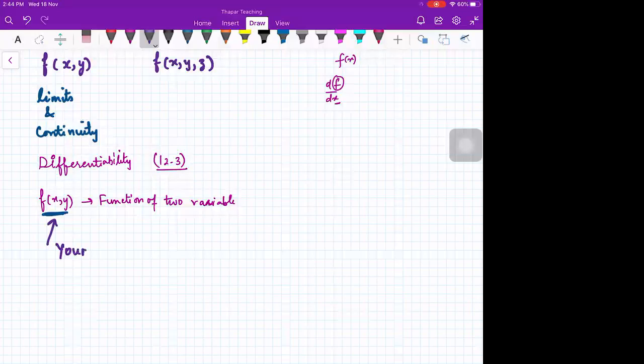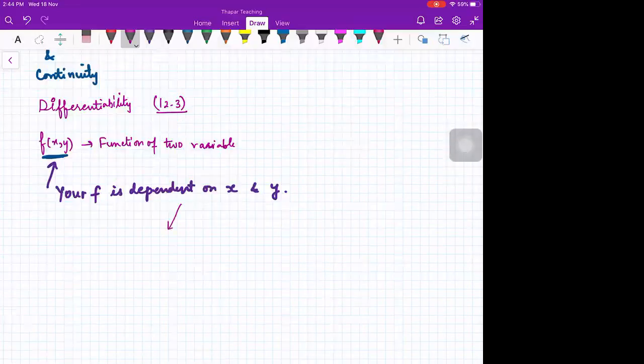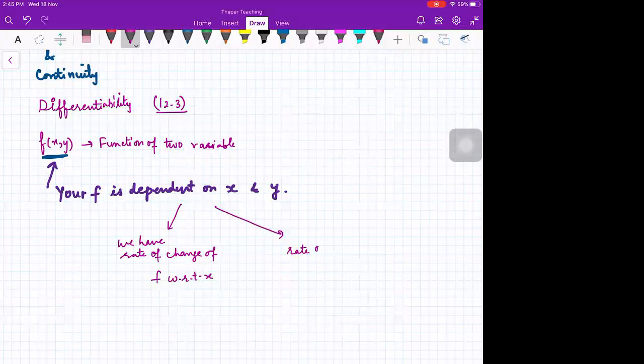So you will have the rate of change of f with respect to x and the rate of change of f with respect to y.